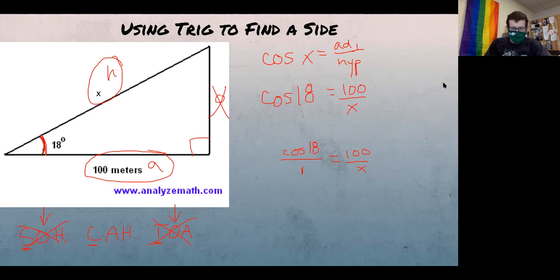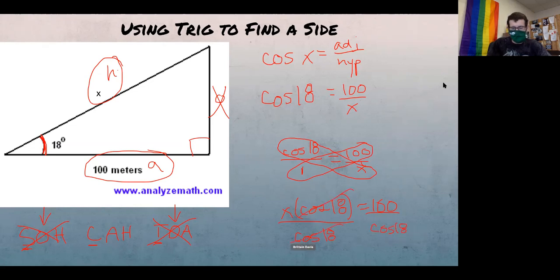And so the fact that this adjacent side is 100 is going to tell me what the hypotenuse has to equal, because for every 18-degree angle, the cosine is a specific ratio. And that's stuff that's been figured out through the years. So we could almost do cross products at this point. So I could do 100 times 1 equals x times cosine of 18. All right, so x times cosine of 18 equals 100. And now I can just solve for x by dividing by cosine of 18.